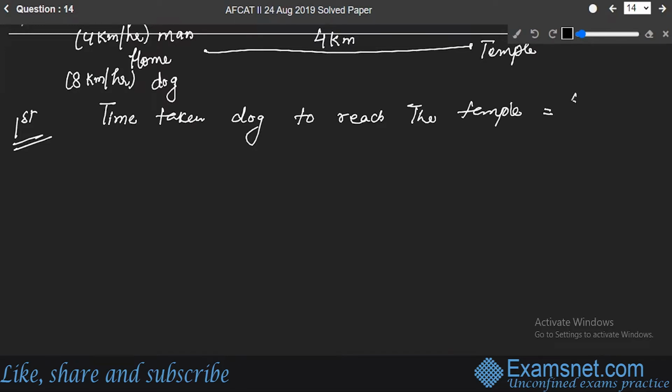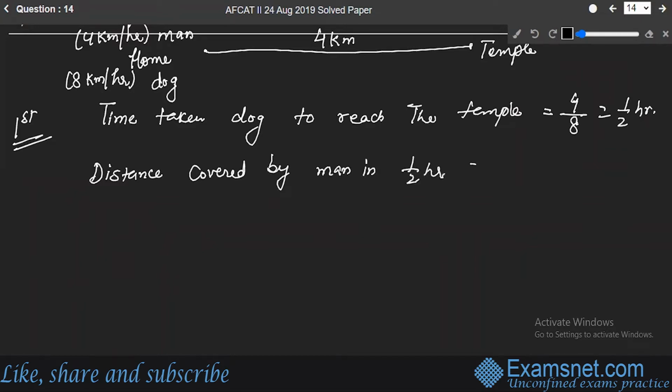That is given by distance. Distance is 4 and the speed is 8. So this will be 1 by 2 hours. Right. So the distance covered by man in 1 by 2 hour is equal to 4 into 1 by 2. That will be 2 kilometers.